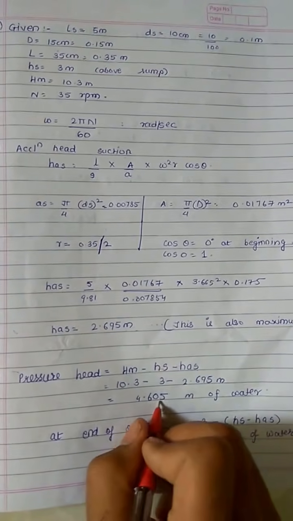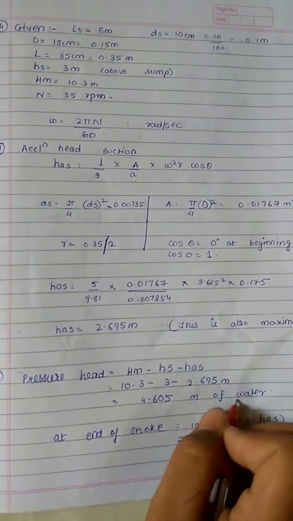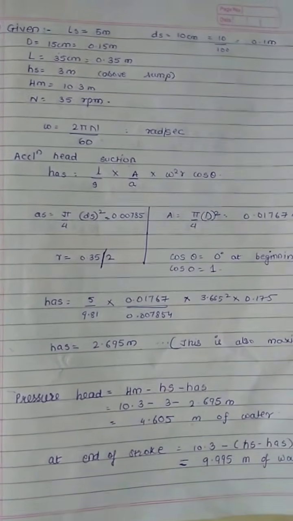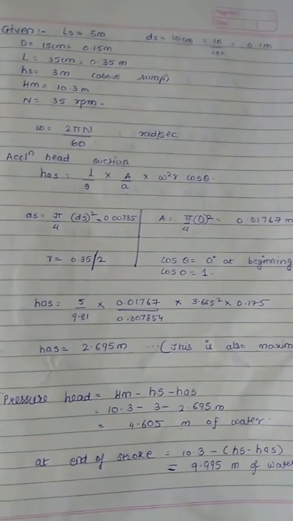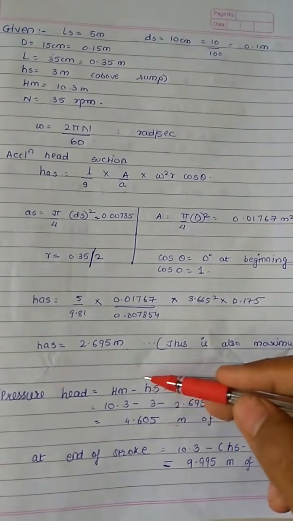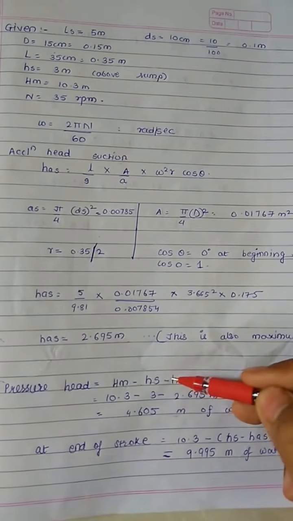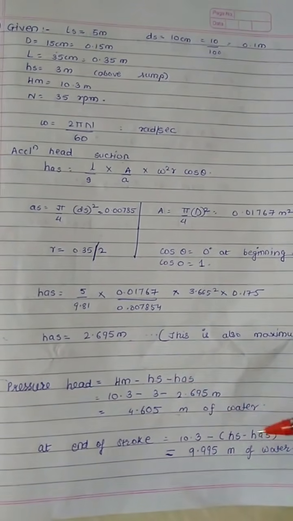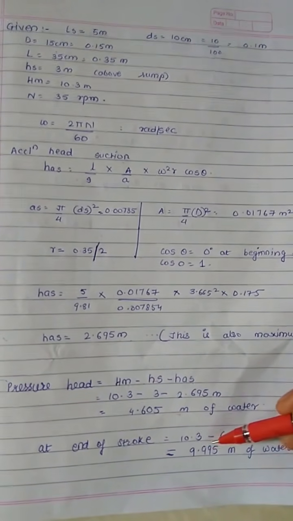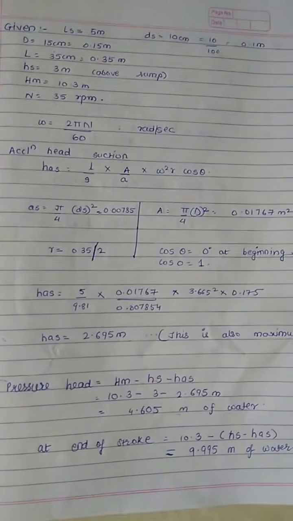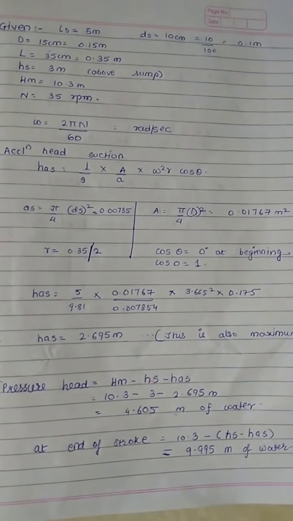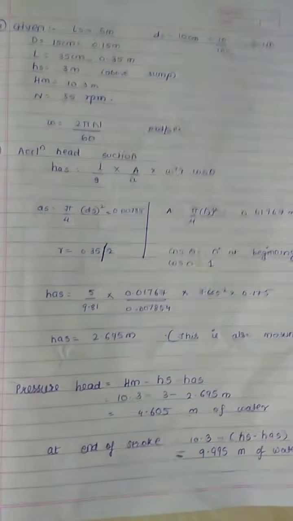We get 4.605. Meter of water will be the unit and not meter, you will lose marks. Same at the end of the stroke, it will be H atmosphere minus bracket HS plus HS minus HAS. So we will be getting 9.995 meter of water. This should be the pressure head at the beginning and end of suction stroke for a reciprocating pump respectively.